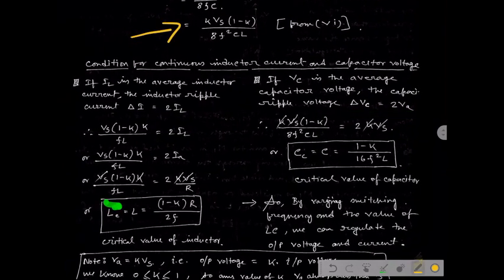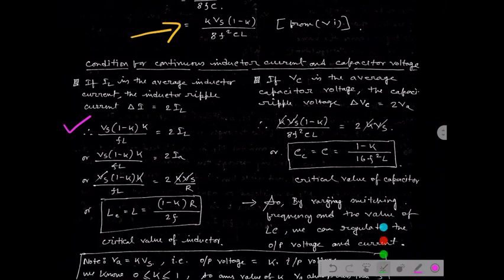Right now, by satisfying this equation, we can write the expression Vs into 1 minus k into k by fL, which we deduced previously, that should be equal to 2 into IL.